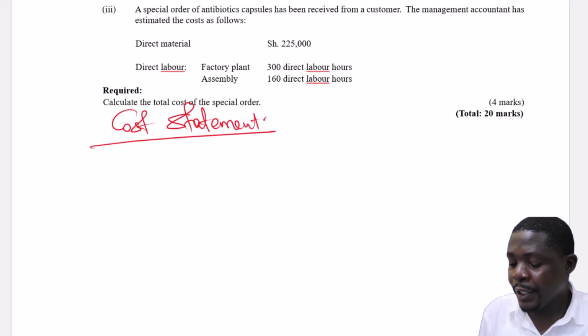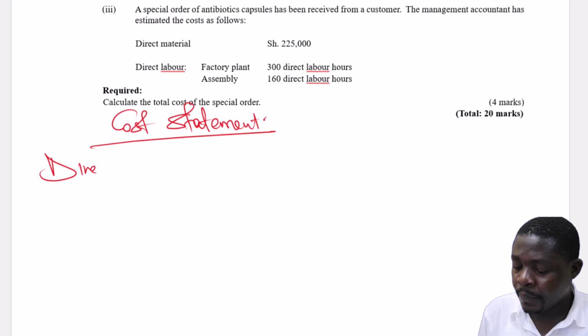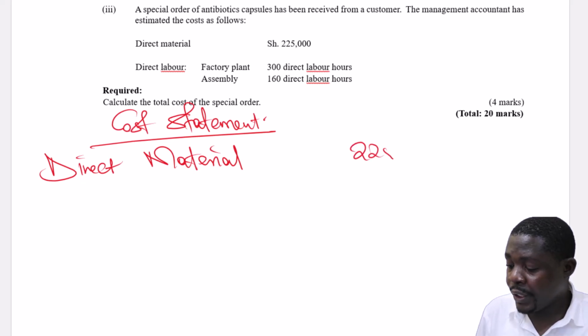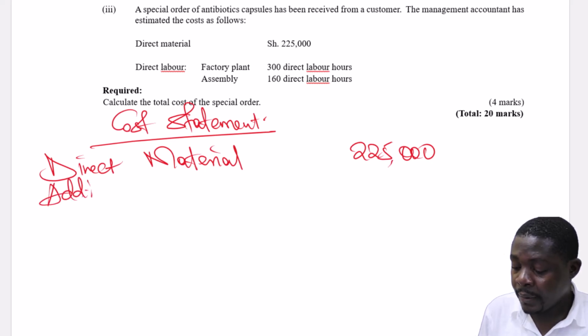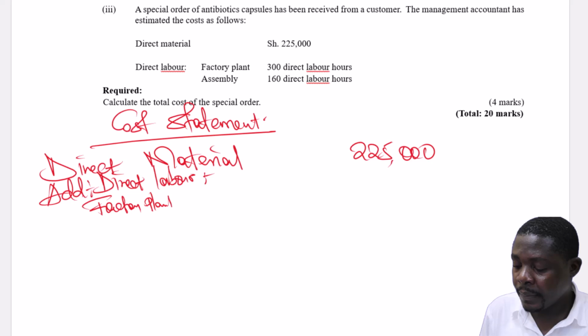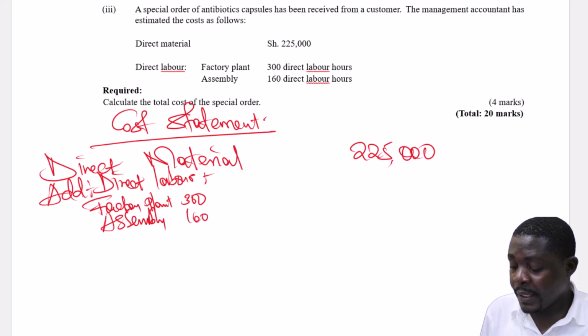Cost statement, we are going to start with direct material, which is 225. We have to add direct labor, and then for the categorized element, we have the factory plant, which is 300, and then we have assembly 160.